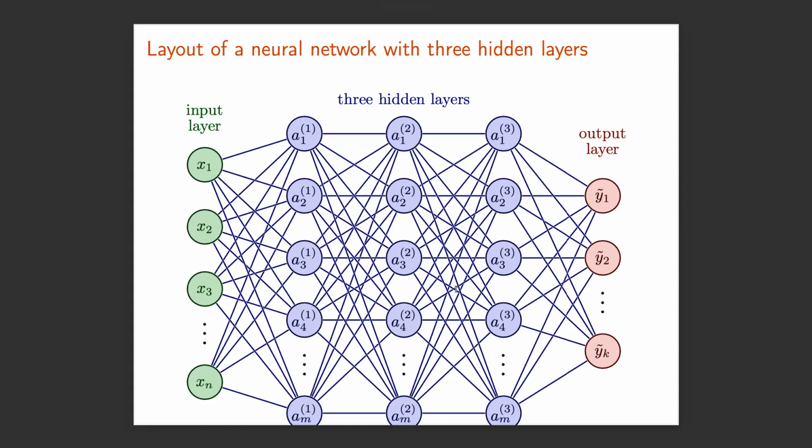What is pretty common when you now deal with different types of problems, if you're dealing with a classification problem, is that the output layer has an activation function like a sigmoid. So which means that if it's below a specific value like 0.5, it spits out 0. If it's larger than 0.5, it spits out 1.